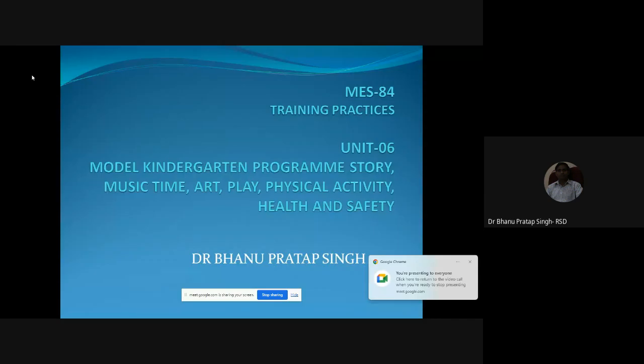So the first unit was about the senses of the child and how we can foster them as a teacher. In the second unit, that is the model kindergarten program, we look at what the model kindergarten program is and what activities take place for the all-round development of the child.